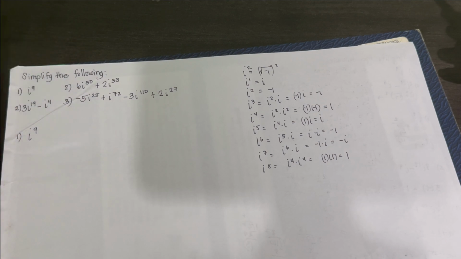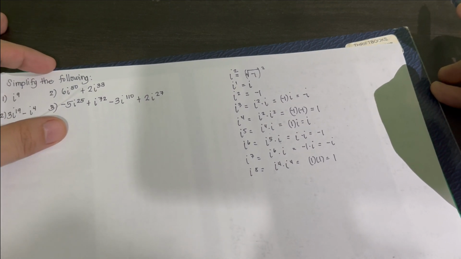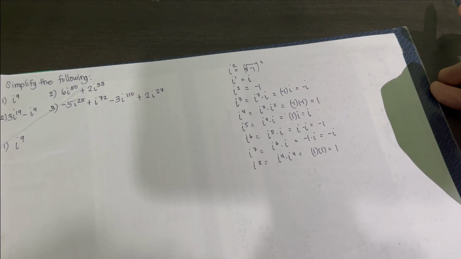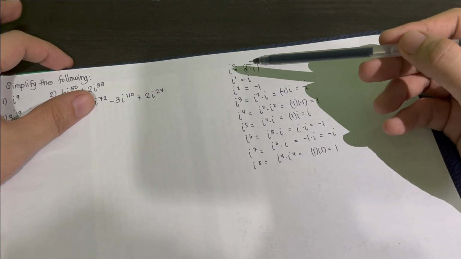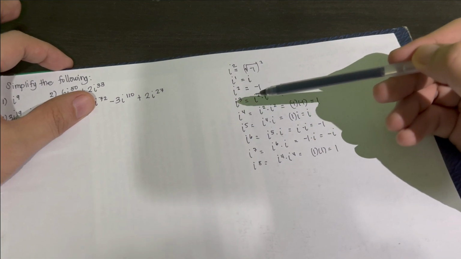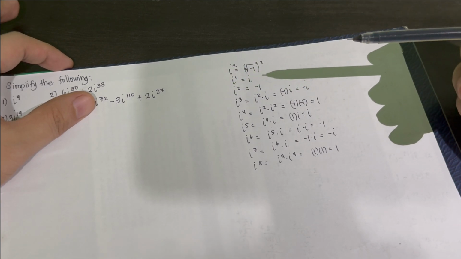So ibig sabihin, para makuha natin yung simplified form ng I raised to certain exponent, gano'n man yan kalaki, divide nyo lang yung exponent na yon by 4, and then yung magiging remainder, yun yung magdidictate kung anong equivalent power nung I yung matitira, which is either yung remainder is 1, 2, 3, or kapag I to the fourth, it's equivalent to remainder of 0 kasi divisible by 4 yung exponent.